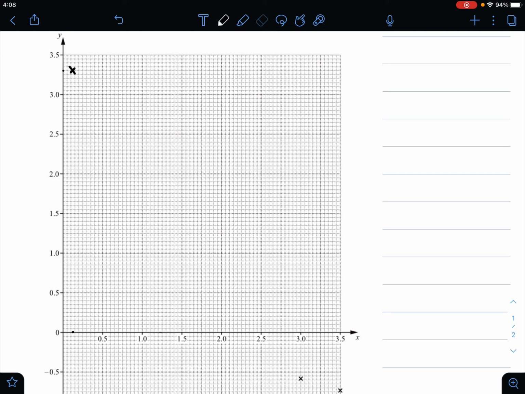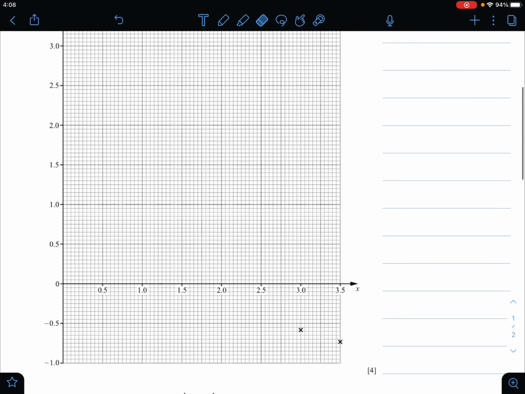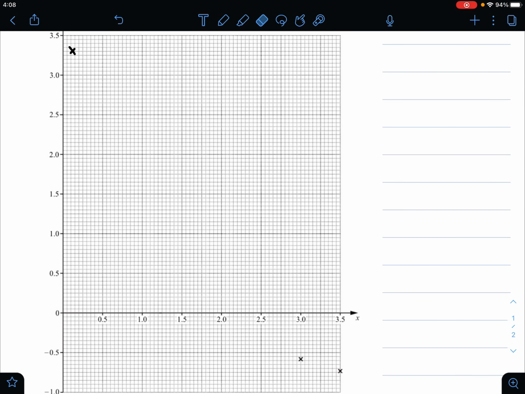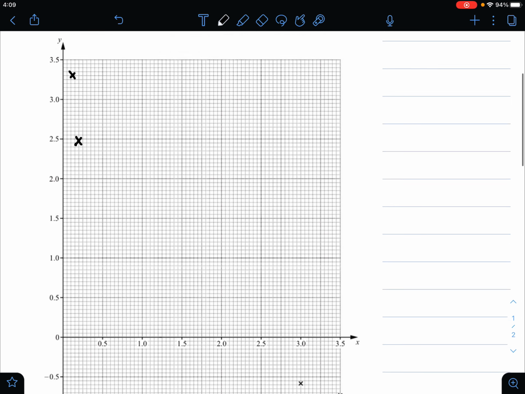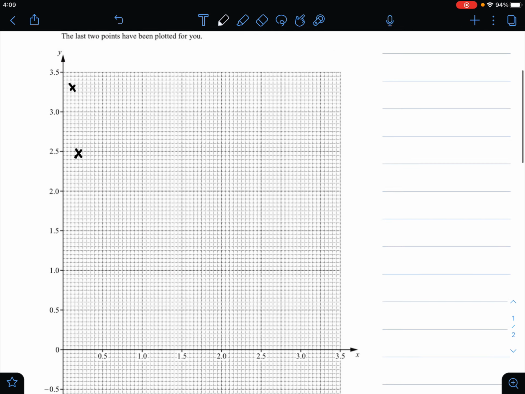So like that, we just need to plot all the points on the graph. Now let's plot 0.2 and 2.45. 0.2 would be right here and 2.45 would be right here. So we make a cross on that as well. Now let's plot 0.5 and 0.88.